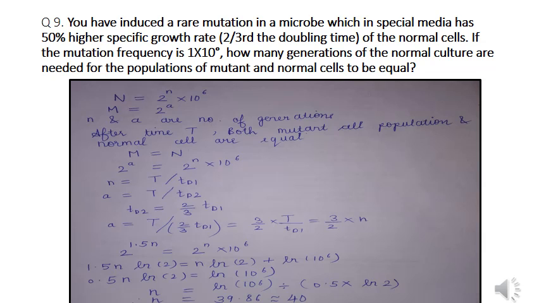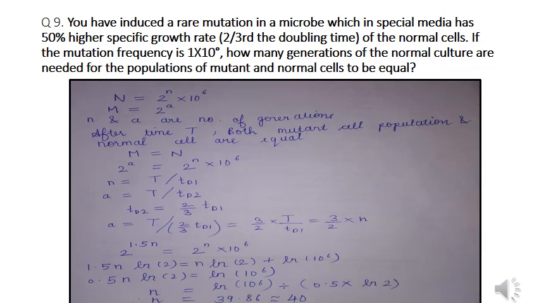So after the nth generation of the normal cells, and after a generations of mutant cells, your mutant cells will be equal to normal cells. So n and a are the numbers of generations. From that point onwards, after time t, both mutant population and normal cells will be equal.